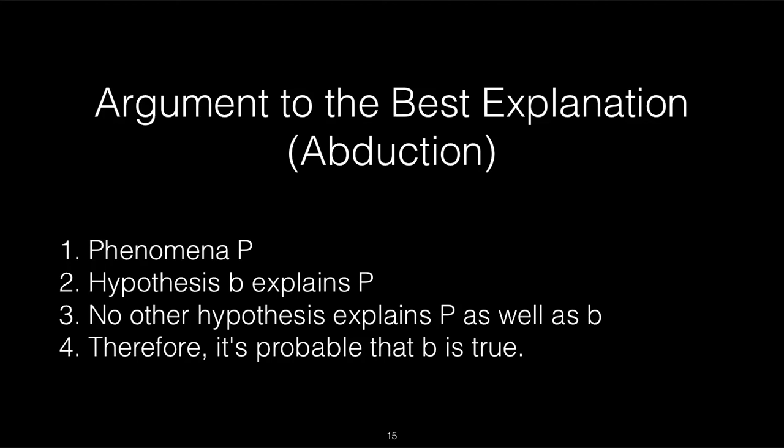Now, how do I do that? Well, I look at all the various pieces of information, right? I look at all the different evidence, and then I say, given all this evidence, I come up with a hypothesis B that explains the whodunit, who the killer is, and no other hypothesis explains P as well as B. So when you see, for example, police shows where they've got a list of suspects, and they say, okay, well, given these suspects, what do we have? What other information do we have?